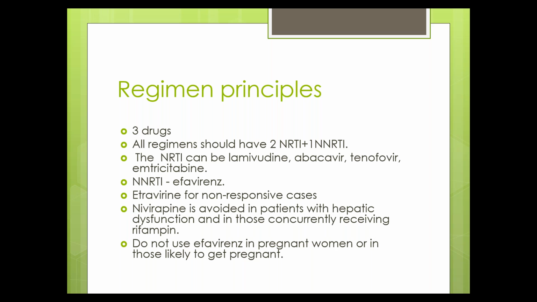All the regimens should have at least 2 nucleoside reverse transcriptase inhibitors plus 1 non-nucleoside reverse transcriptase inhibitor. Why do we prefer 2 NRTIs and 1 NNRTI? NRTIs are not inducers or inhibitors, and they don't have drug-drug interactions. Whereas NNRTIs, as I told you in the last class, can be either inducers, or inhibitors, or mixed inducers and inhibitors.